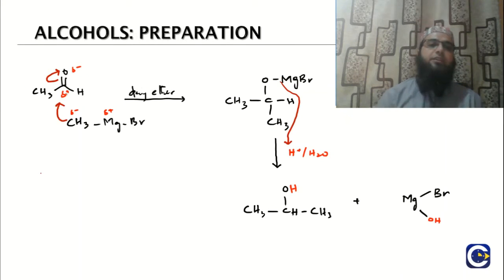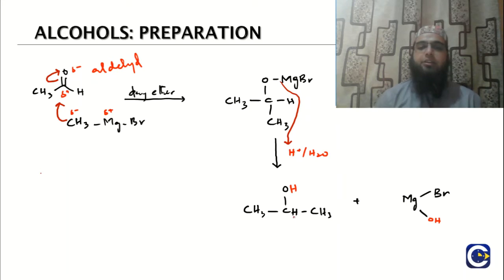Now we have taken another aldehyde. Again, the carbonyl is a polar bond, and the carbon-magnesium is also a polar bond, and the same reaction occurs here. Again the negatively charged carbon attacks the carbonyl carbon, the same metal alkoxide complex is formed, and the same acid-base reaction takes place, and we get an alcohol.